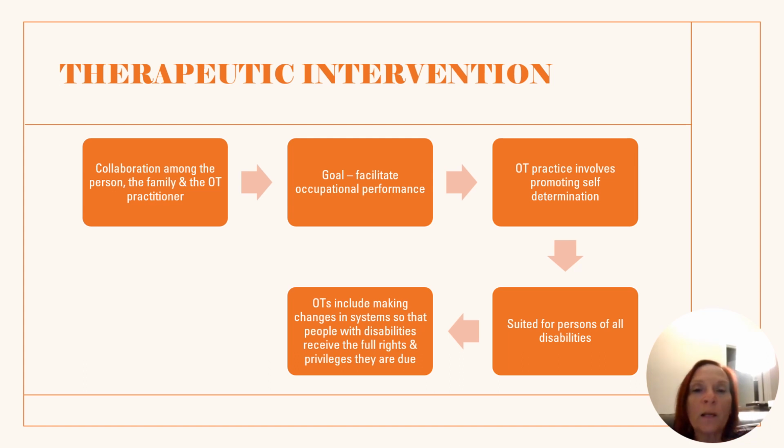So now we're going to talk about intervention. And you need to bring in the person, the family, and you as the practitioner are going to collaborate together regarding intervention.